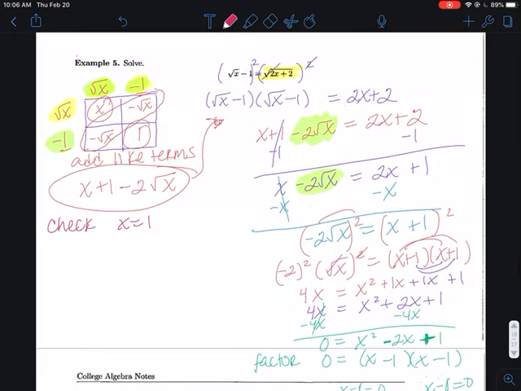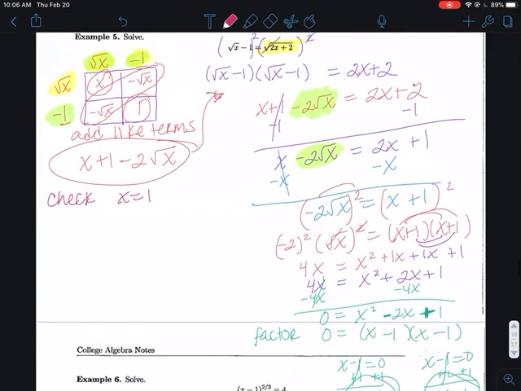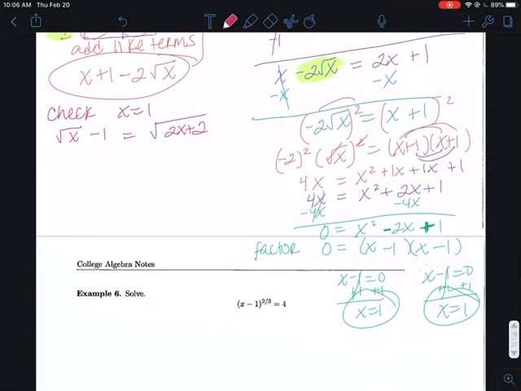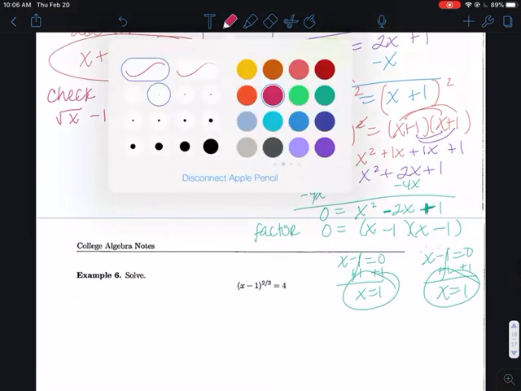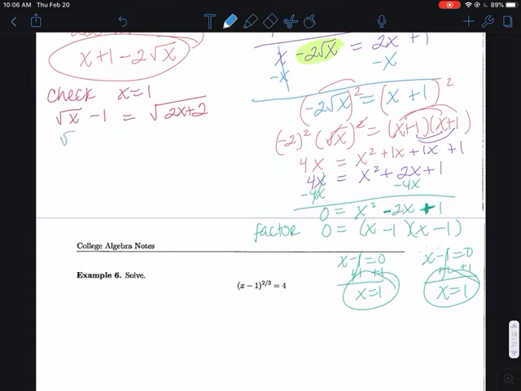We go to the original problem, which is the square root of x minus 1 equals the square root of 2x plus 2. So any of these radical problems, you have to check your solution. Everywhere I see an x, I'm going to plug in a 1. So this is the square root of 1 minus 1 should equal the square root of 2 times 1 plus 2.